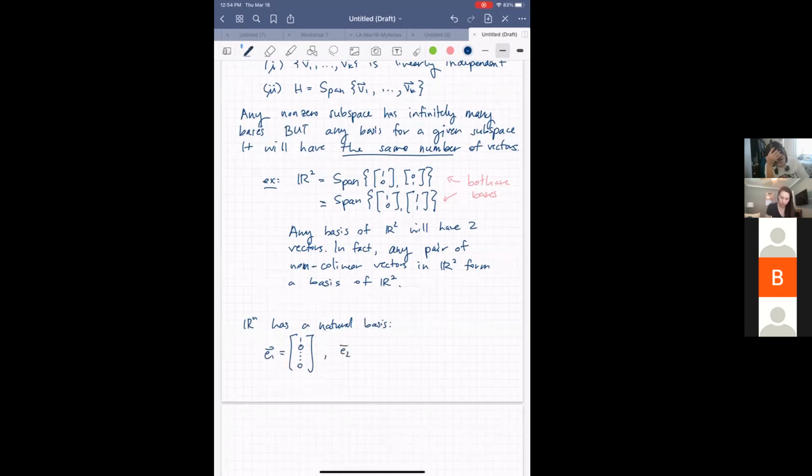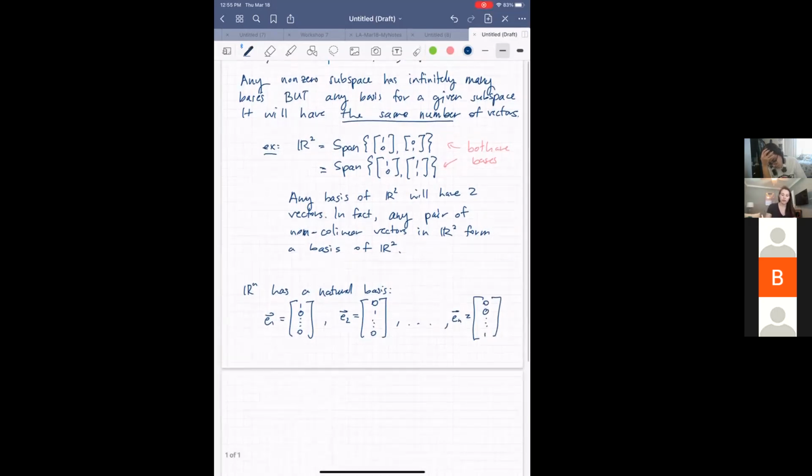E2, where it moves to the second coordinate, so we have 0, 1, and then zeros everywhere else, and so on up to En. We talked about these before. These are called coordinate vectors.